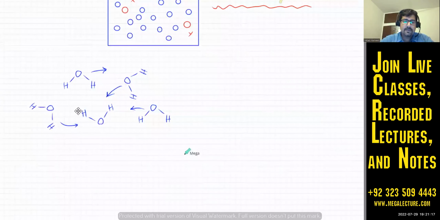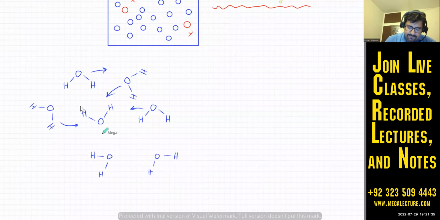Let's say sometimes during a collision, if I have two water molecules with certain kinetic energy, like when you're boiling water, they might collide with each other very violently. This particle comes from here and might hit this particle coming in this direction, and when they undergo a collision, some of the water molecules might break into pieces.